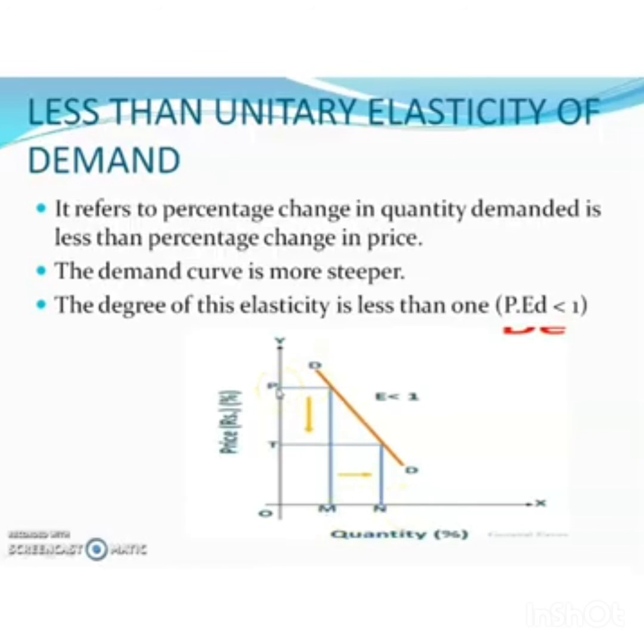The distance between P and T is greater than the distance between M and N. This situation is known as less than unitary elasticity of demand. Here the degree of elasticity is less than 1. PED is less than 1.